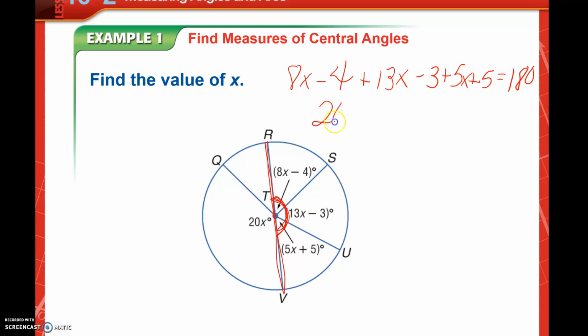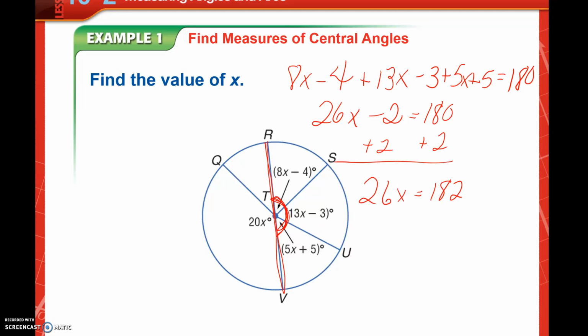So 26x minus 2 equals 180. Add 2. 26x equals 182. And then take 182 divided by 26. So x equals 7.